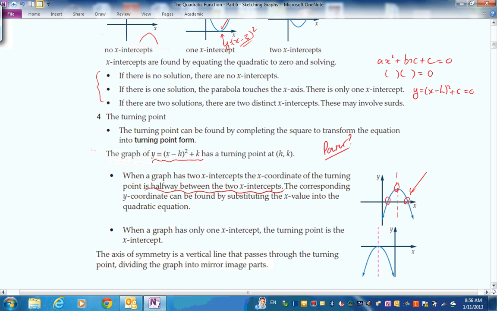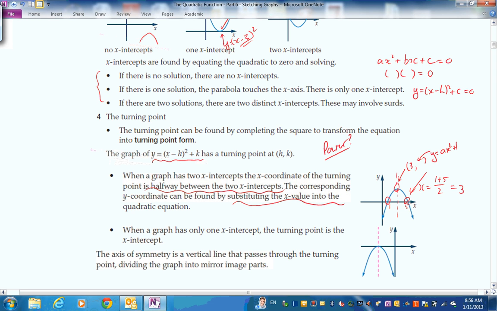So, if this was 1 and this was 5, you could add them up and say halfway between was 2, so that's the x value, oops, I think it's 3, mate, 3, and that would be the x value of that vertex, halfway between. And now to get the y value, you could substitute the x value back into the equation, and get the y value from whatever your formula was.